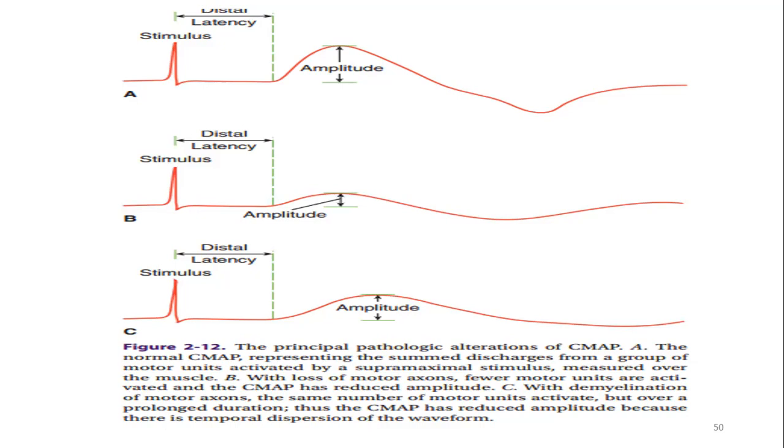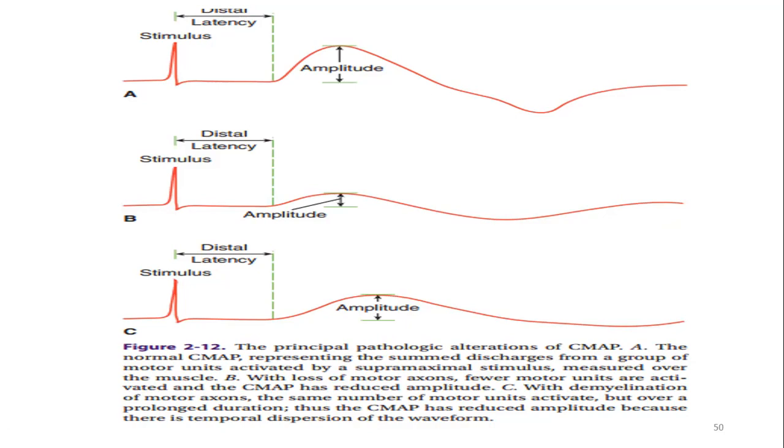As we said, the amplitude is not affected because of denervation, but due to the prolonged duration, the waveform is widening. That results in temporal dispersion. As you see, the waveform is widened. That's what we call temporal dispersion.